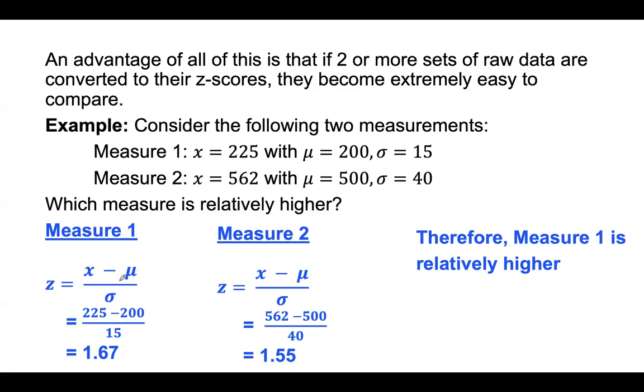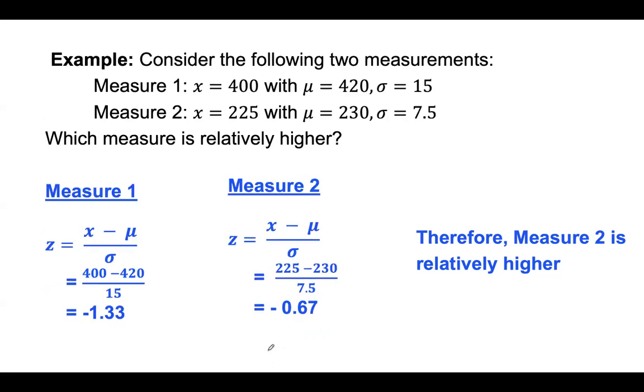So we can take the Z-score of measurement 1 and measurement 2, and we see that this is much larger than this. So measure 1 is relatively higher than measurement 2. Here, if we have this set of mean, standard deviations, and raw data, which measure is relatively higher?